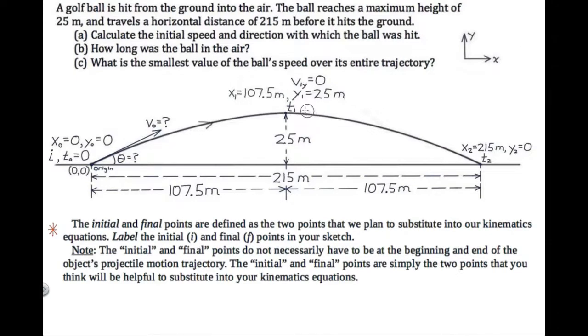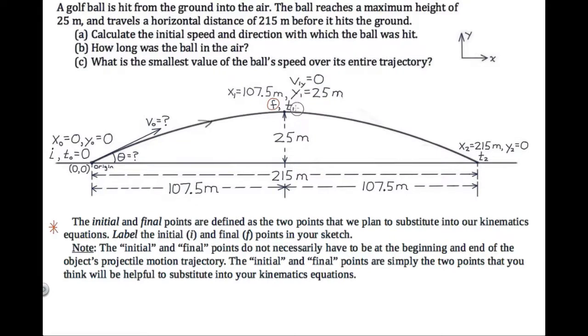Since we know more about t sub 1 than we know about t sub 2, it will be more helpful to substitute t sub 1 into our kinematics equations than to substitute t sub 2. So we plan to substitute t sub 1, not t sub 2, into our kinematics equations. So we label t sub 1 at the peak of the trajectory as our final point.